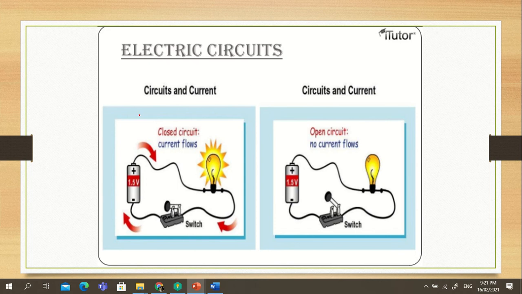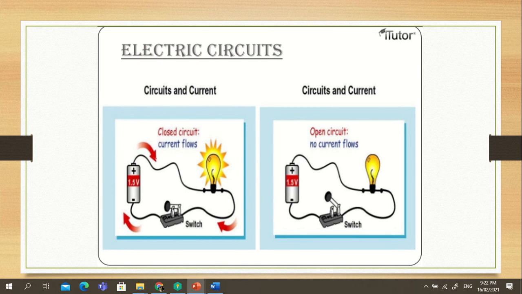Okay, so we have here the circuits and current, the setup of a basic circuit. We have here the switch. All right, so we have here the positive part of the battery, the negative part of the battery.